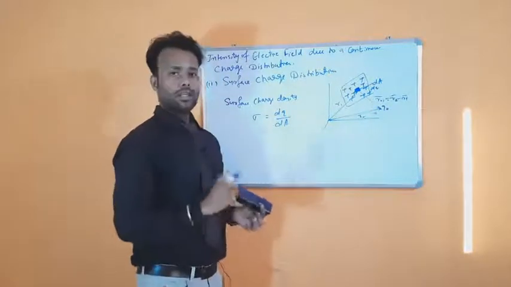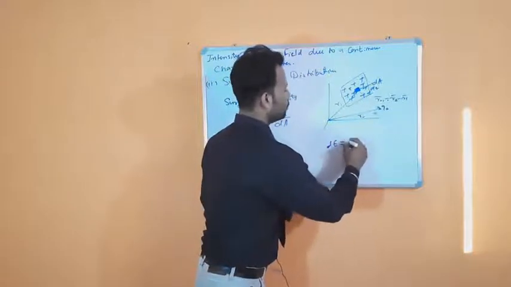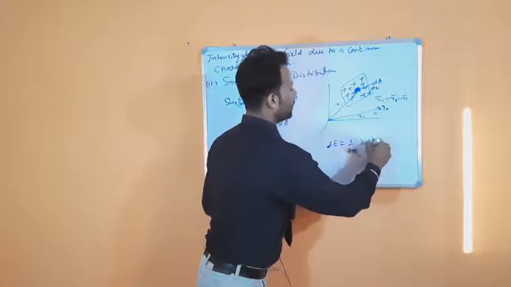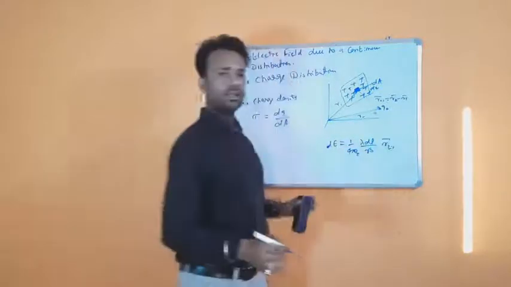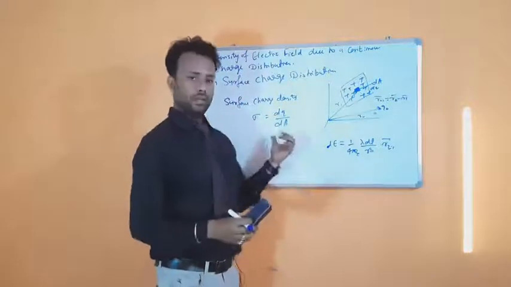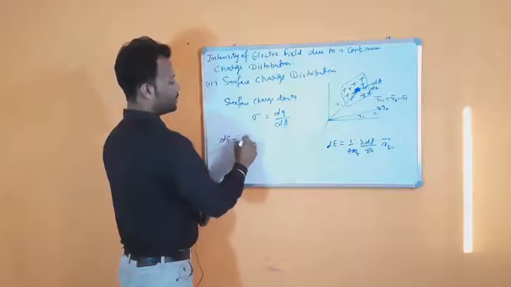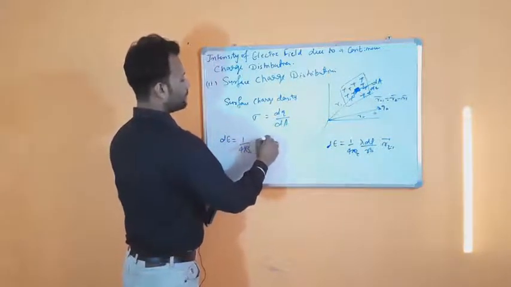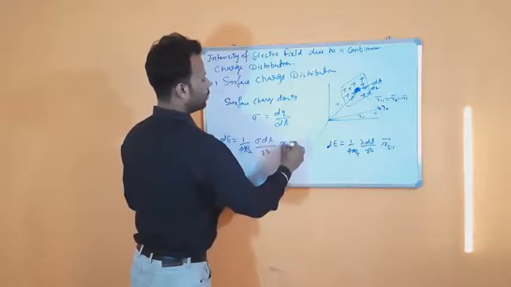If you remember the result, dE equals 1 upon 4 pi epsilon naught, lambda dl upon r cube, r21 vector. Similarly, here we can write the formula: dE is equal to 1 upon 4 pi epsilon naught, sigma dA upon r cube, r21.